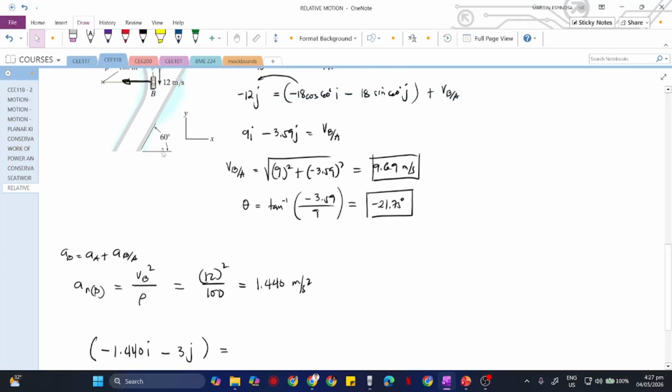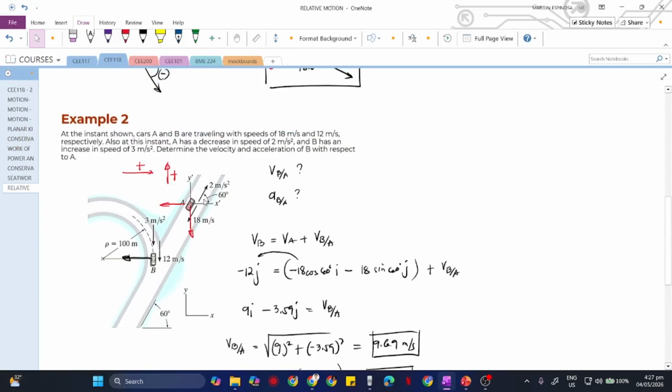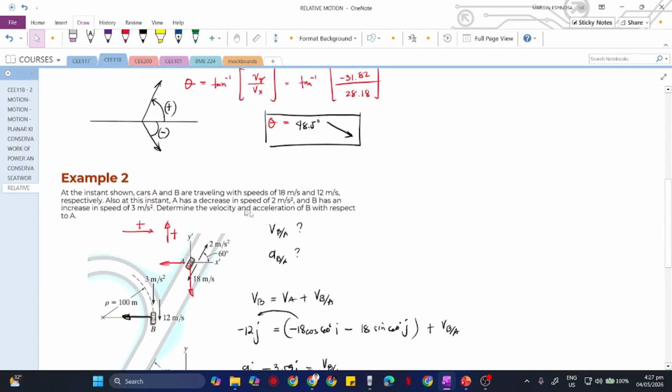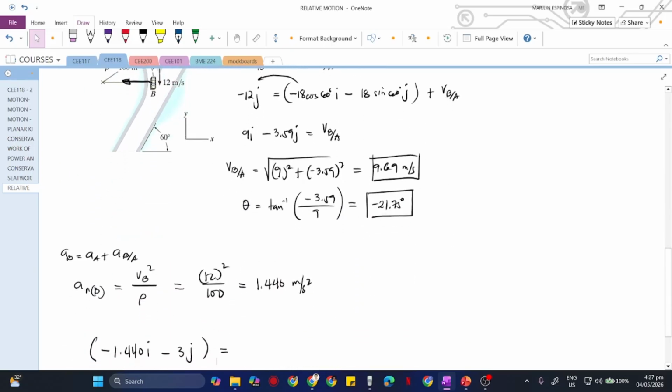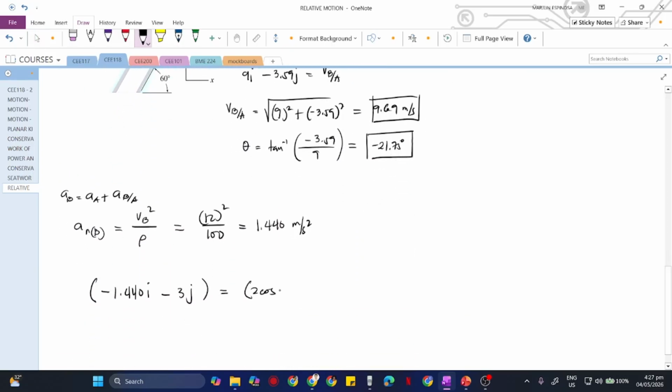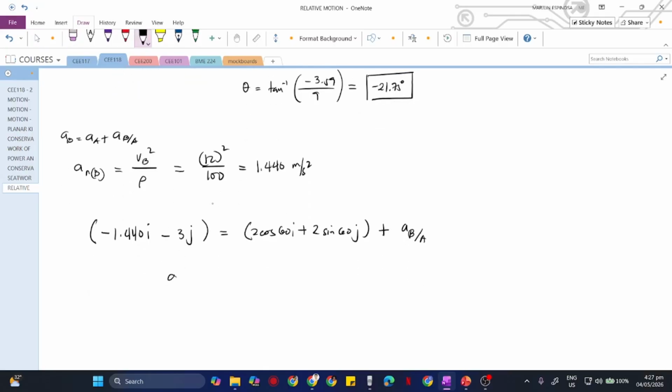Equate that to the acceleration of A. The acceleration of A, it says here, is decelerating at 2 meters per second squared. Although it's decelerating, its arrow is pointing in that direction, so it will be positive. 2 cosine 60 I, plus 2 sine 60 J, plus the acceleration of B with respect to A. If you solve this, for the acceleration of B with respect to A, you would get negative 2.44I plus negative 4.732J.